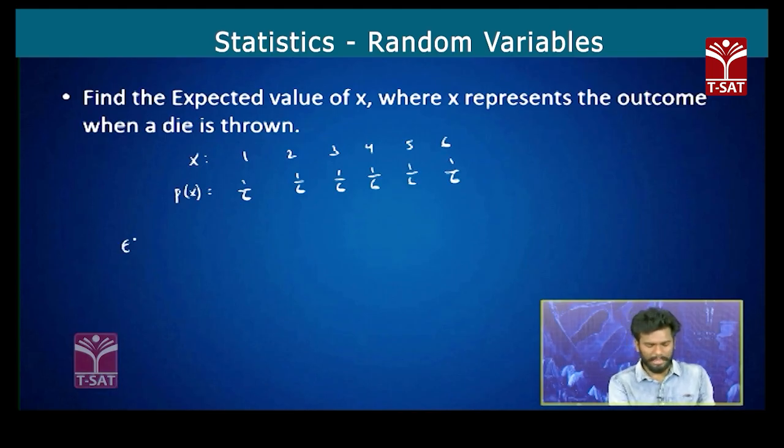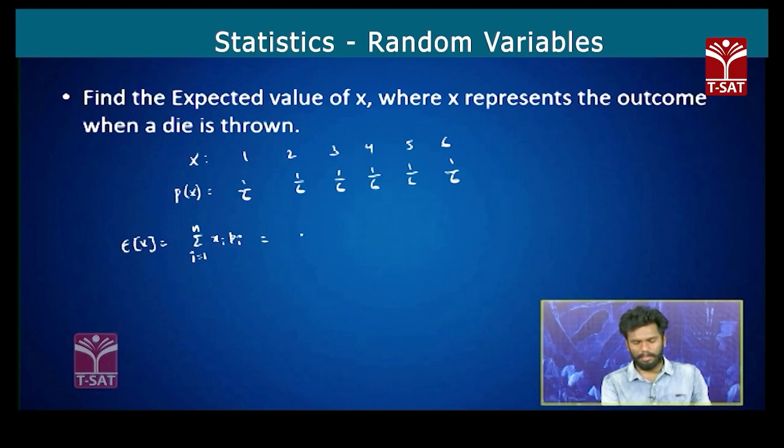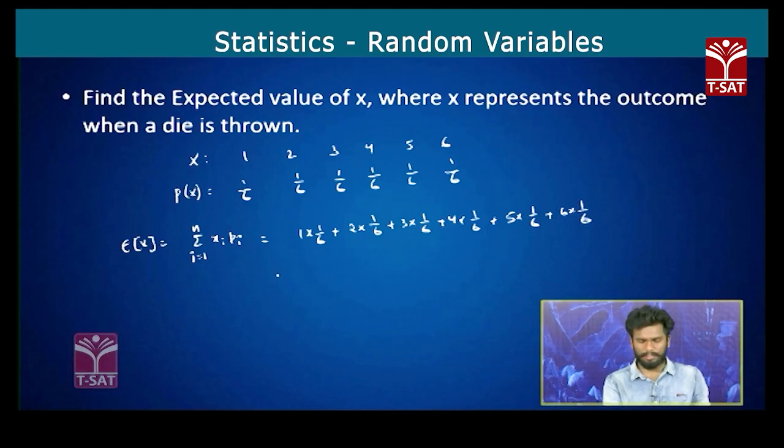So now expectation of x is nothing but summation xi into pi where i takes values from 1 to n. We'll write this as 1 into 1 by 6 plus 2 into 1 by 6 plus 3 into 1 by 6 plus 4 into 1 by 6 plus 5 into 1 by 6 plus 6 into 1 by 6.